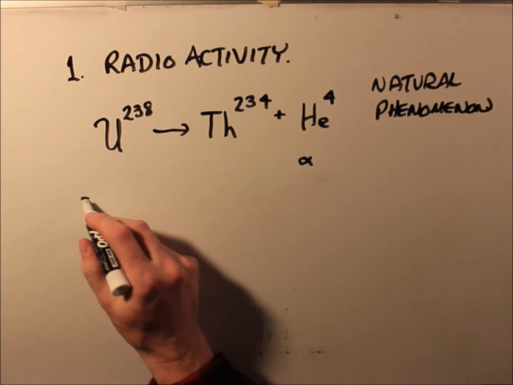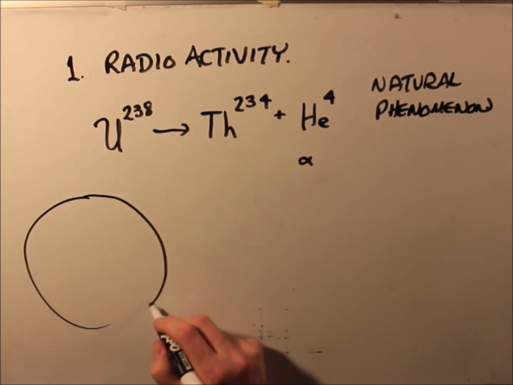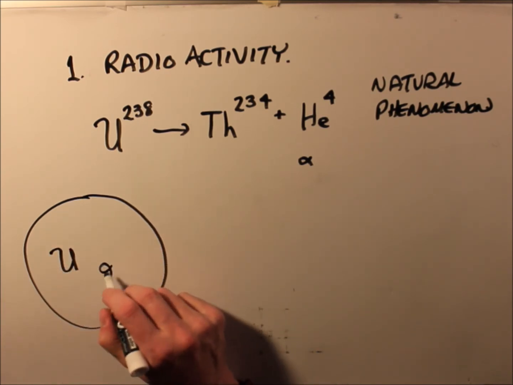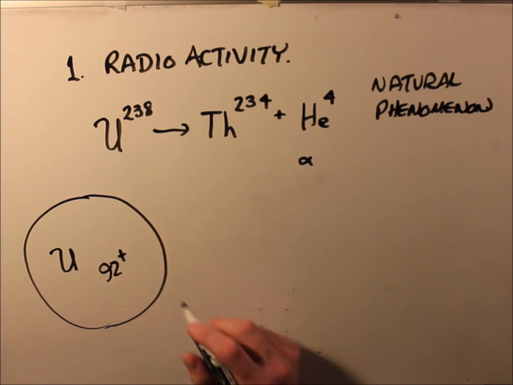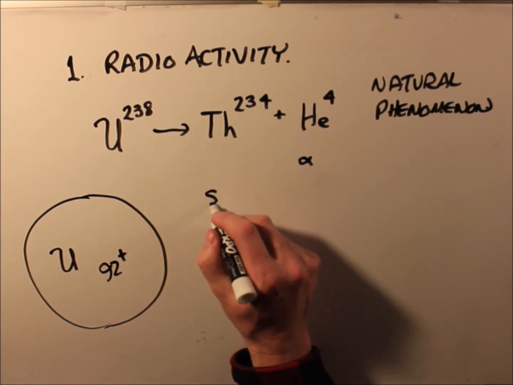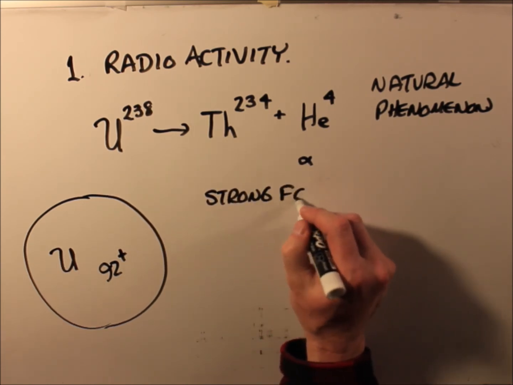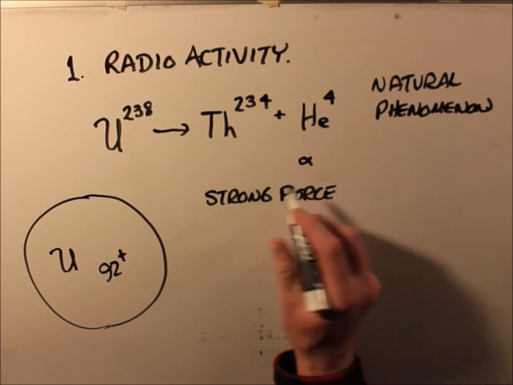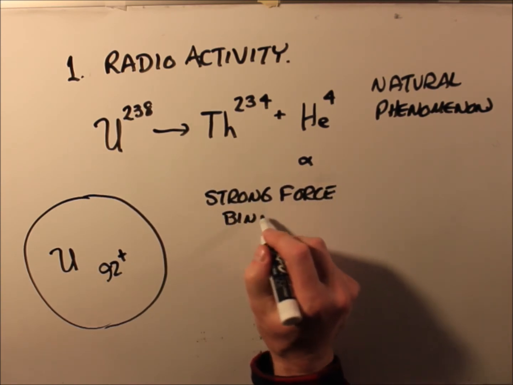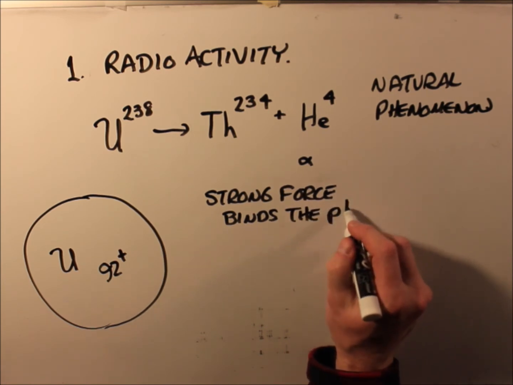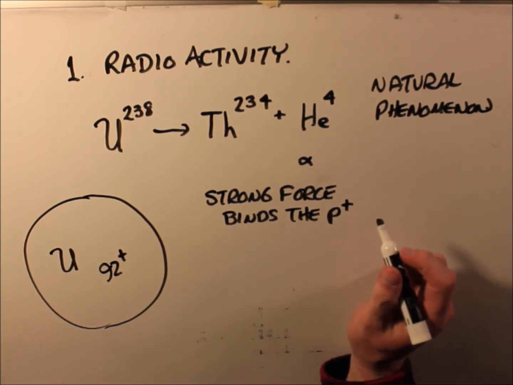But let's imagine we have the huge, in comparison, uranium nucleus. We have 92 protons here, and so the strong force binds the protons. They don't get to escape.